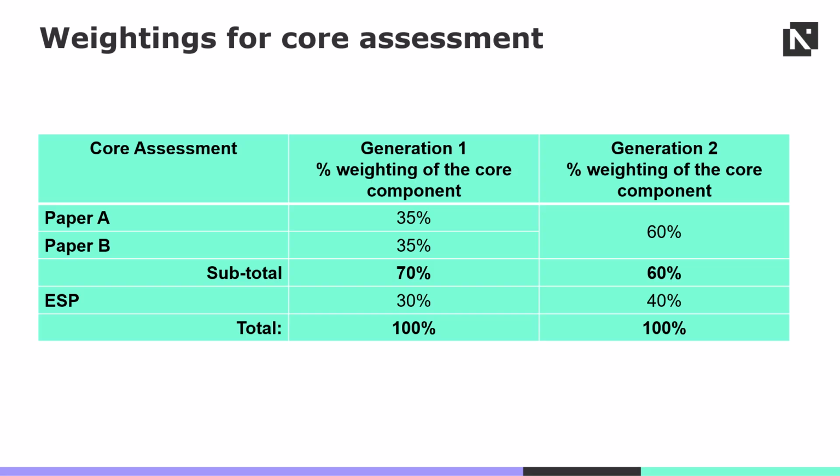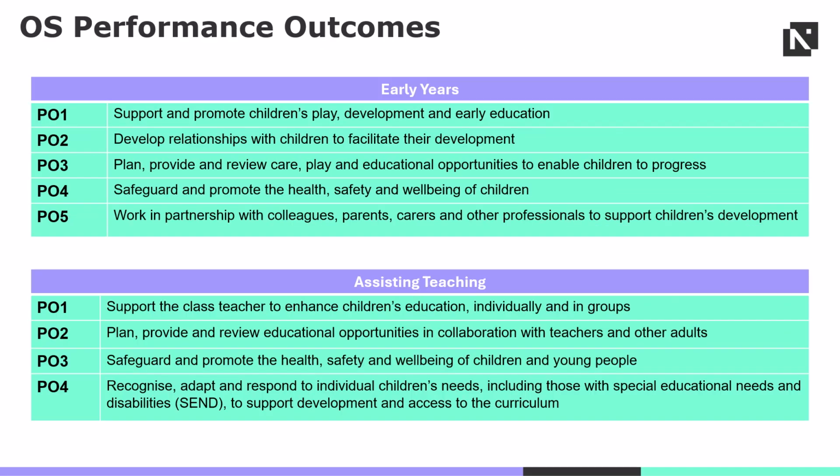In Generation 2, the structure has been simplified. There's now only 1 written exam and it carries a 60% weighting. The ESP now carries a greater weight at 40%. This shift in weighting shows a greater emphasis on the applied practical aspect of learning. It also reinforces the importance of employer engagement and authentic assessment through the ESP.